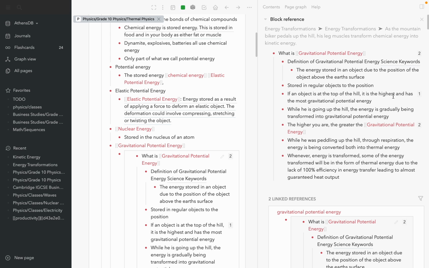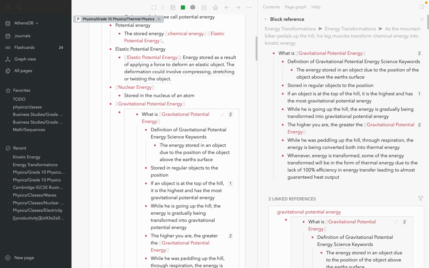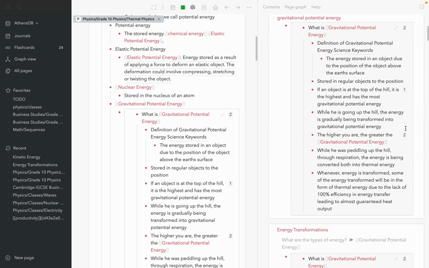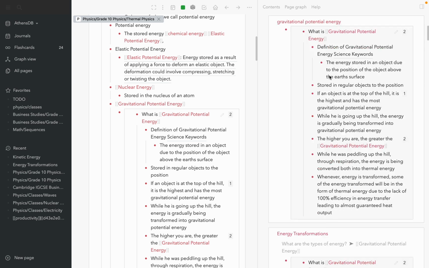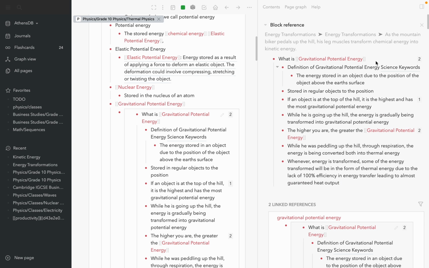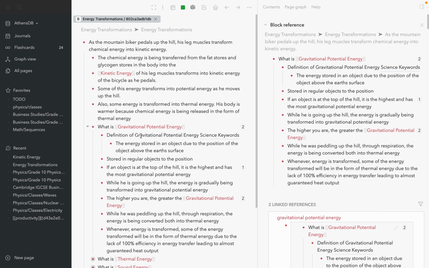This is a whole new way of thinking, and having this helps you make connections to previous thoughts. You can see the context over here: it gives you an example of a transformation of energy that gravitational potential energy is involved in.